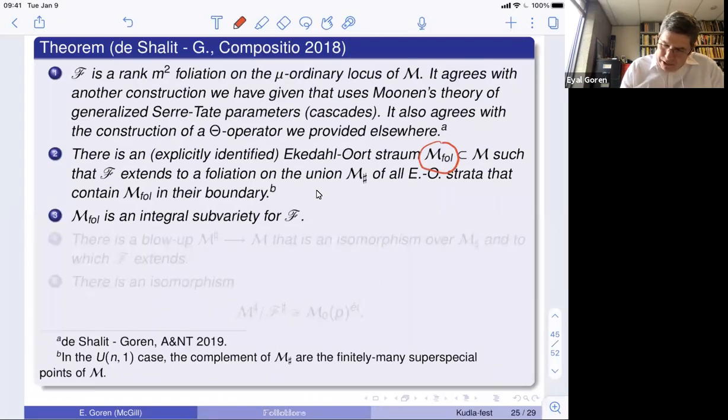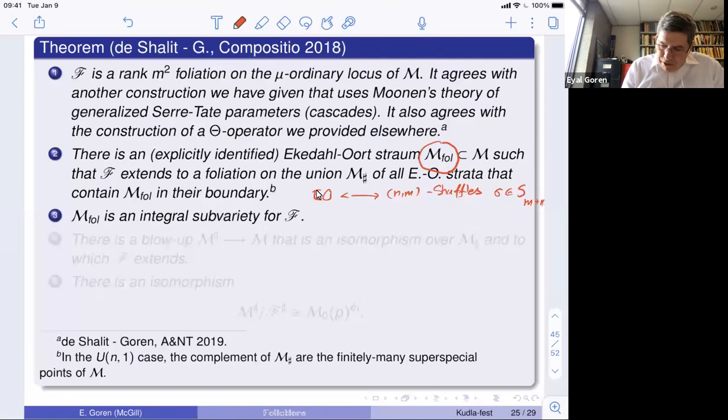The thing is that the Ekedahl-Oort strata in this case are parameterized by (n,m)-shuffles. It has to do with the structure of the Weyl group in this case. Those are permutations sigma in the symmetric group on m plus n letters.